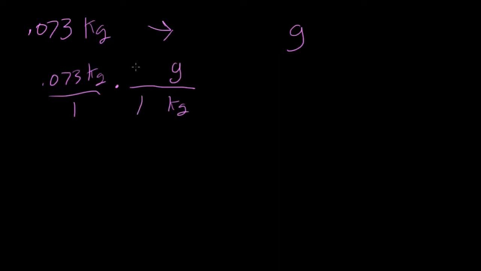Well, 1 kilogram is 1,000 grams. Multiply straight across, so our kilograms look like they're going to cancel out. So 1,000 times 0.073. So we're going to end up with what, 73 grams? Is that right? 1, 2, 3. Yeah. 73 grams, because on the bottom it's just 1.